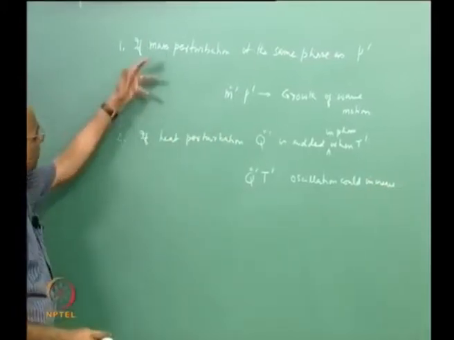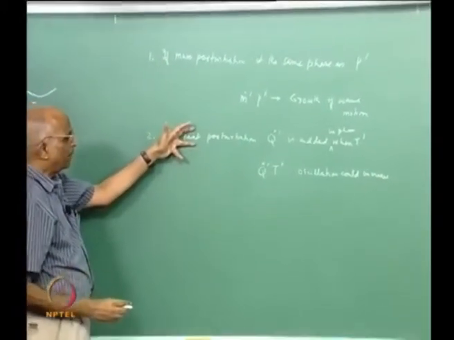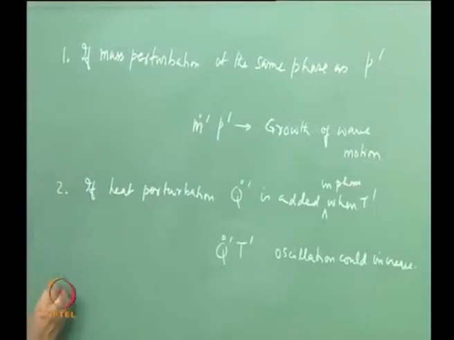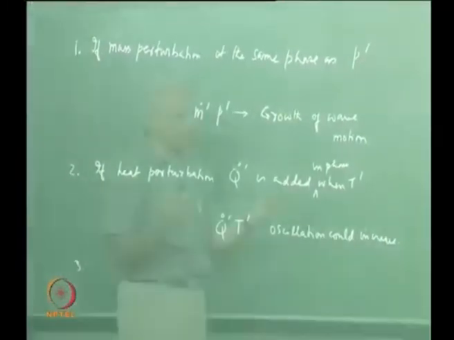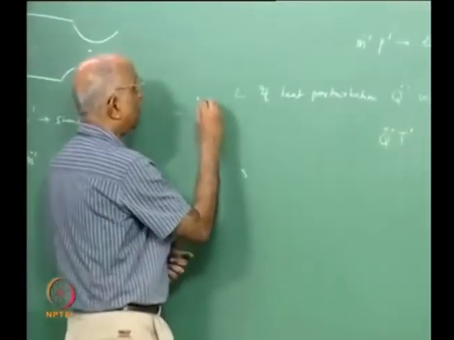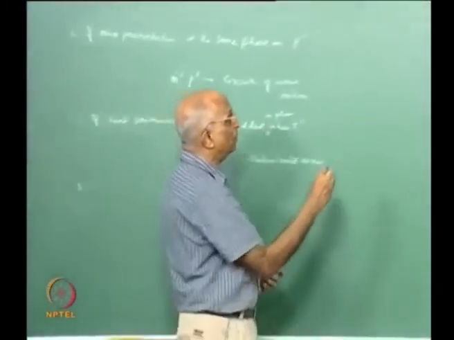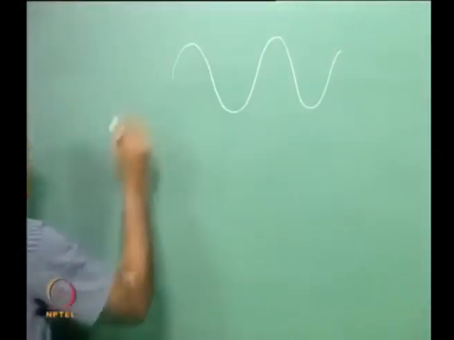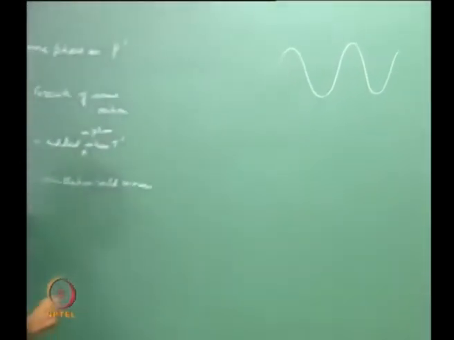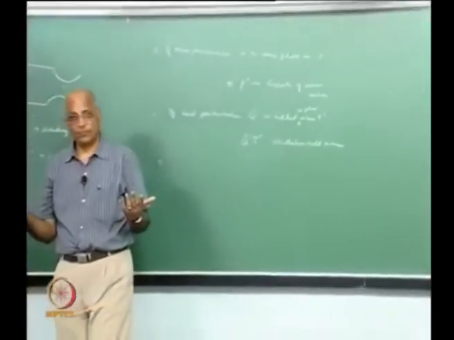We considered pressure, we considered temperature. Now the third one: if I have velocity perturbation, my velocity could also be in this particular form, I could have velocity like this. What should I do if I have to increase the magnitude of velocity perturbation?